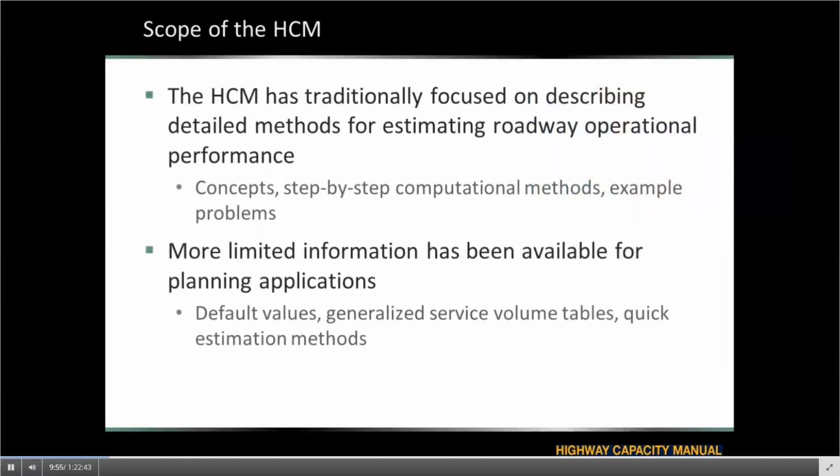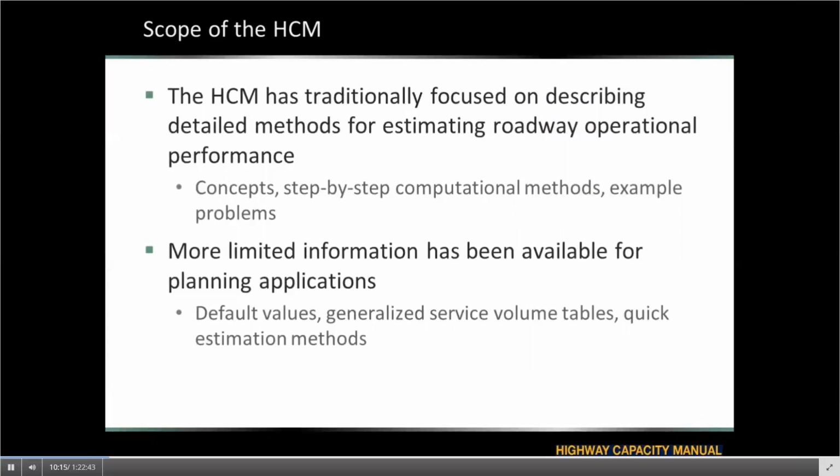Throughout its 65-year history, the HCM was focused on describing and demonstrating computational methods for evaluating roadway operations, along with explaining the theoretical concepts underlying the methods. Specific to planning, HCM chapters provide tools such as default values, service volume tables, quick estimation methods, or a combination of these.